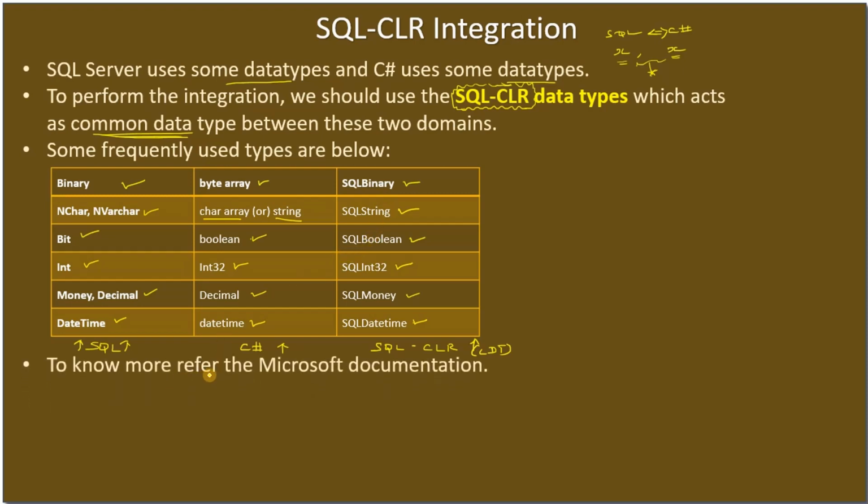To know more, refer to the Microsoft documentation. When you are designing your function or stored procedure or SQL-CLR trigger, you have to decide what the input or output parameter is in terms of SQL Server, and then the mapping data type of the common language, I mean the SQL-CLR data type.